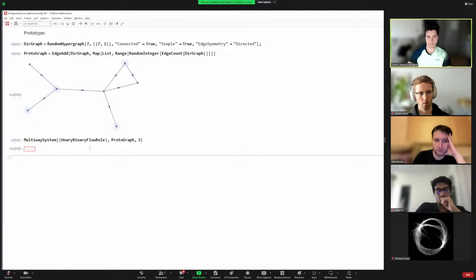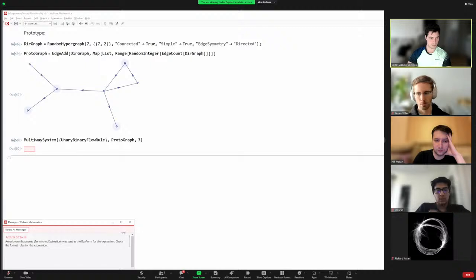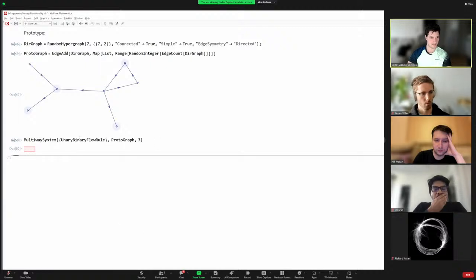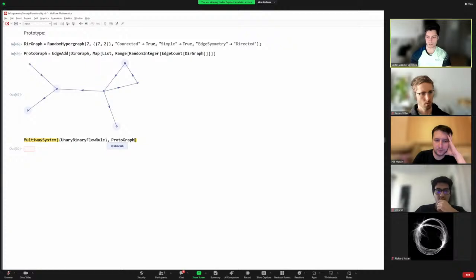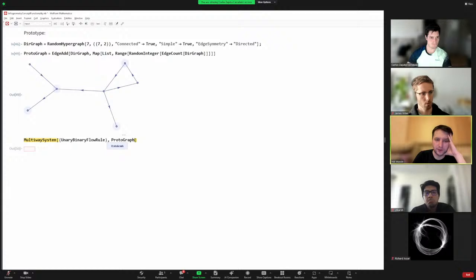Oops, what's the problem? Unknown box name. I don't think there's a number of steps in there, just an object. But how do we know how long it's going to go? Then you ask for properties.